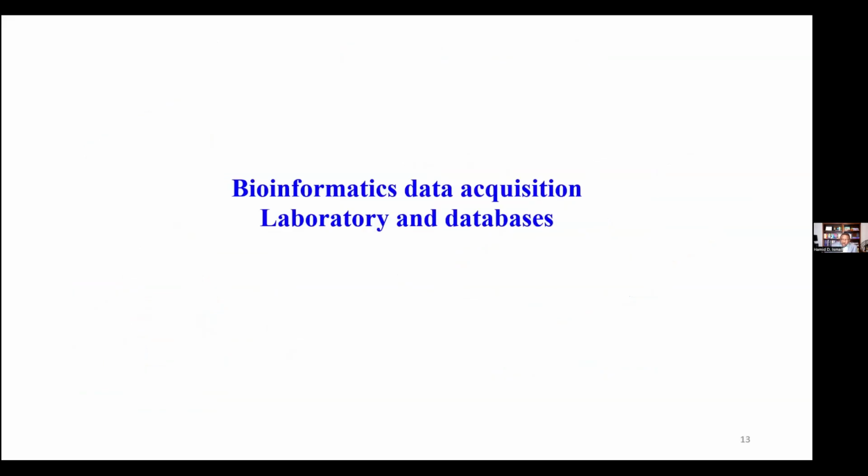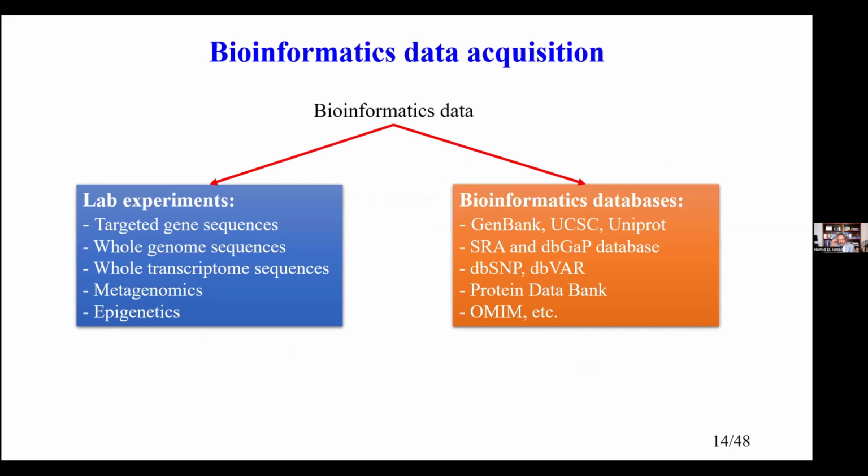Now we'll talk about bioinformatics data acquisition, and this part is really very important, because biologists and researchers in general sometimes focus on how we get bioinformatics data. This question is valid, especially for newbies, for new scientists who need this data.